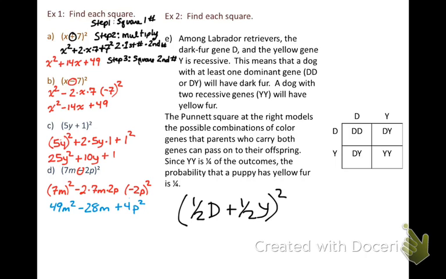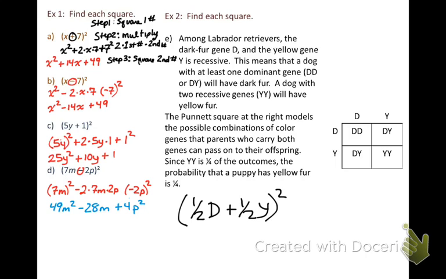They also are going to give you on your homework the expression needed to do your equations, and we have the formula for the probability of getting each outcome with this Punnett square: 1/2 D plus 1/2 Y, squared.